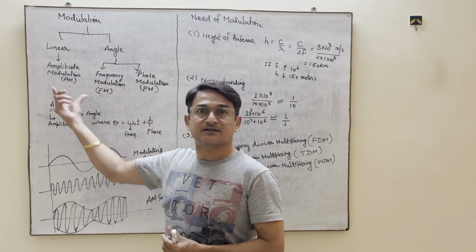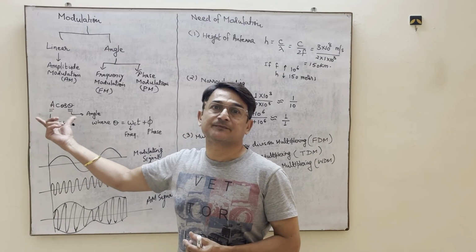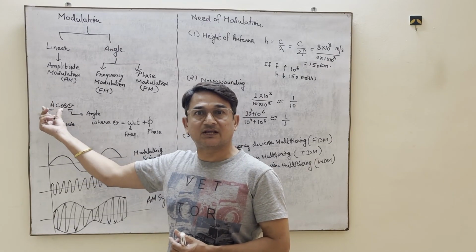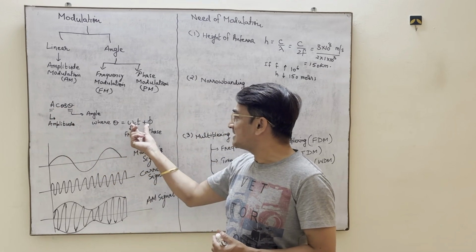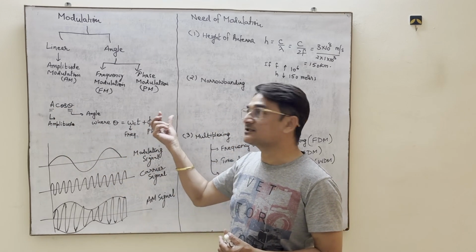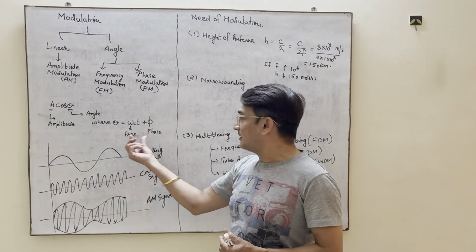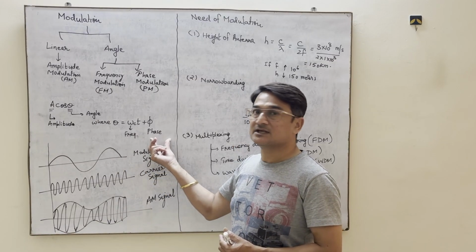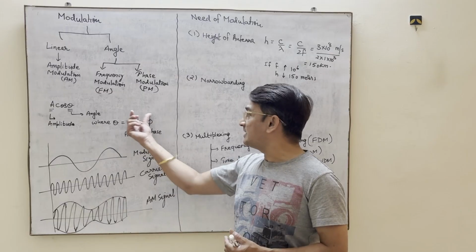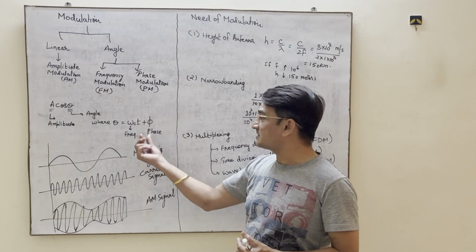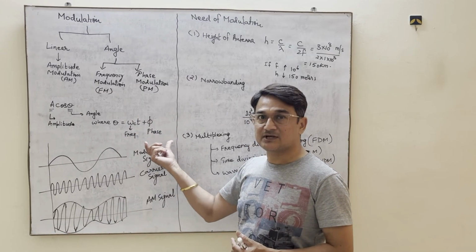Another thing is you can keep the amplitude A fixed and change the angle theta. This theta is basically omega ct plus phi, so it contains two terms: frequency and phase. By changing the angle, you can change two characteristics, frequency and phase.